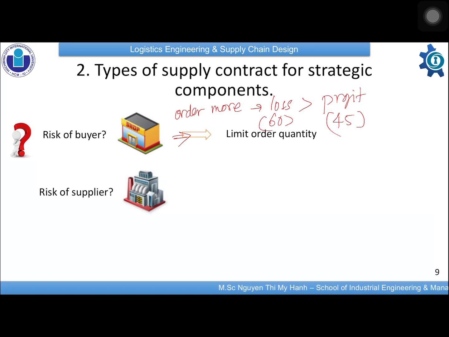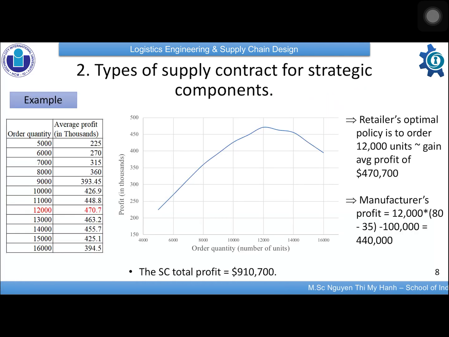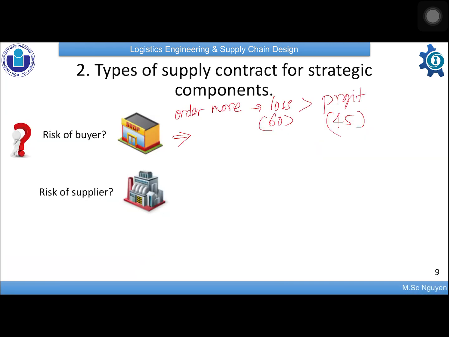How about the supplier? What is their risk? They do not have any risk, right? Because the more orders they get, the more profit they have.